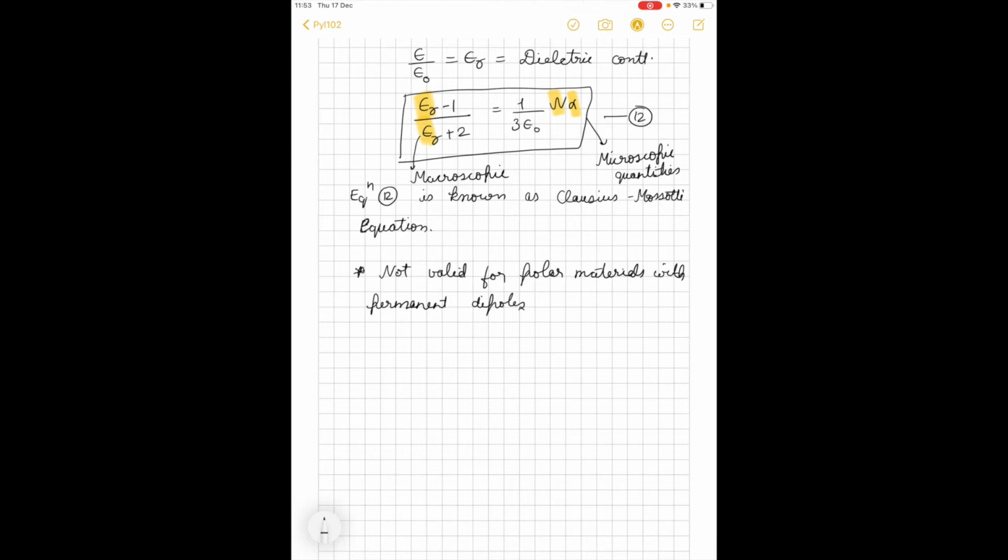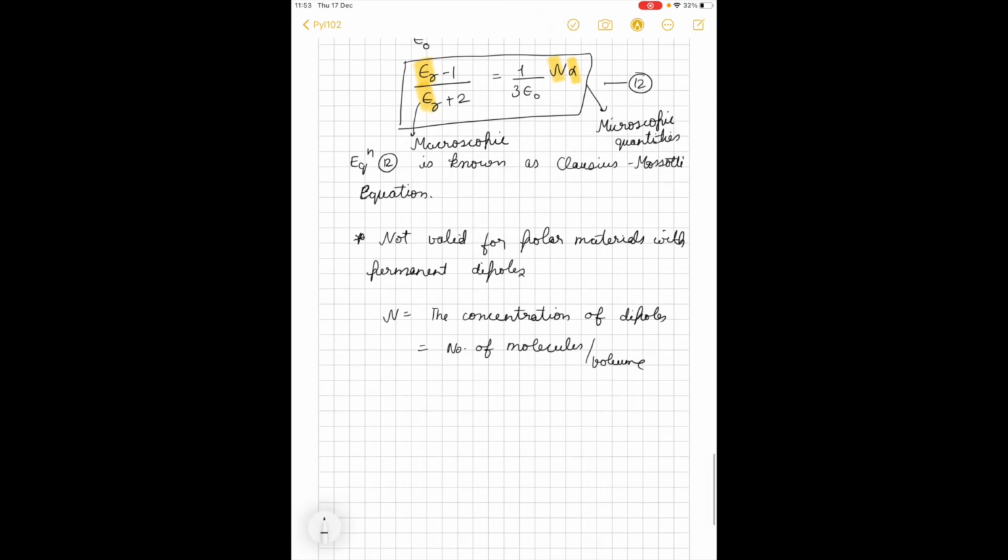Okay, so in this equation number 12, we can correlate this concentration N to the Avogadro number. N is the concentration of dipoles, which means the number of molecules per unit volume.